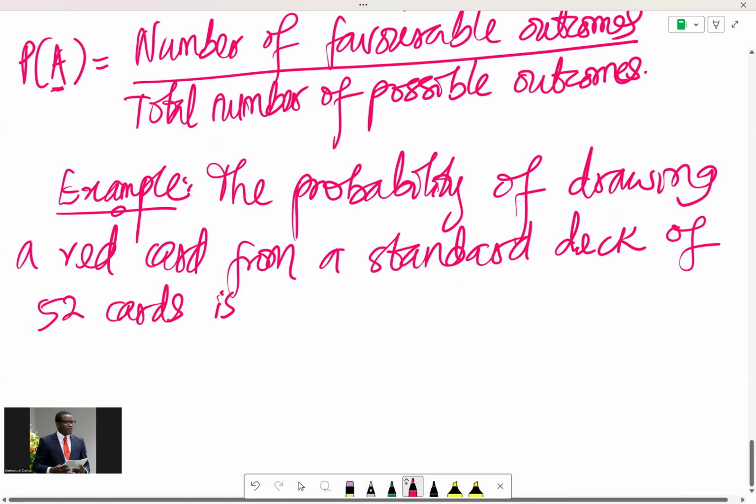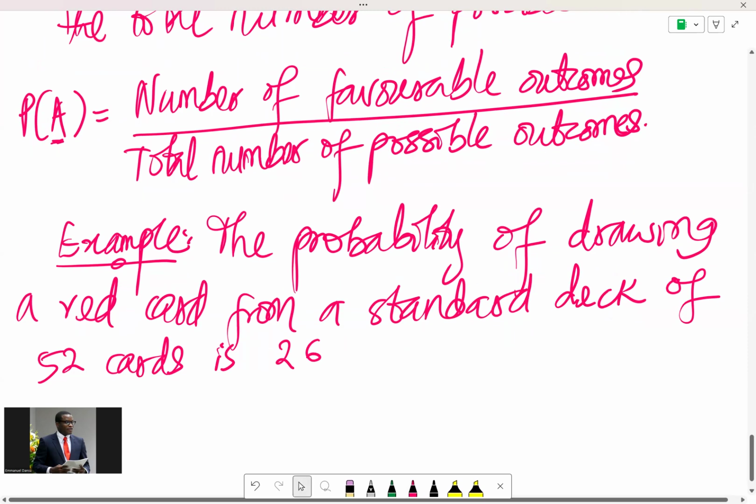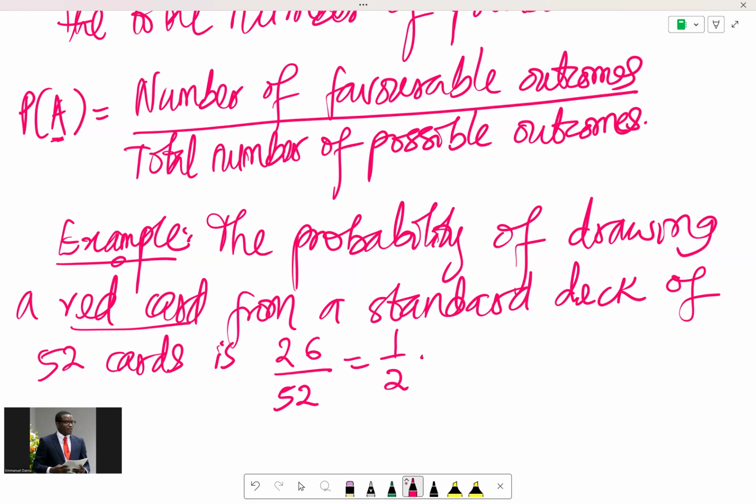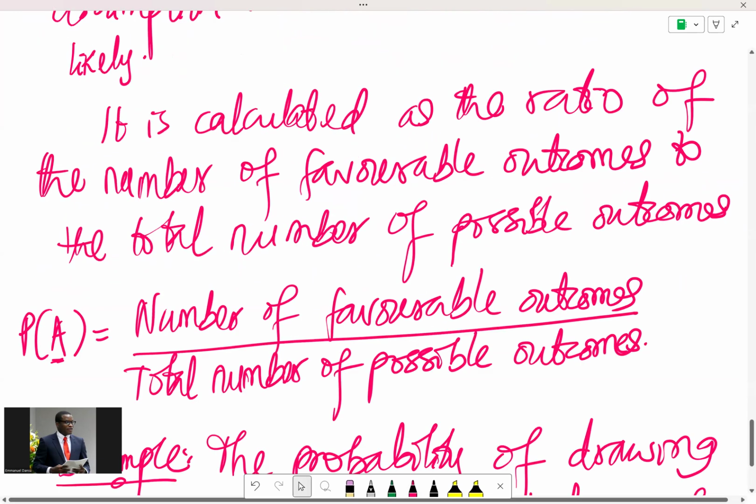Red cards are half of the whole thing, so there are 26 red cards. That's the number of favorable outcomes, because our focus is on red cards. So there are 26 red cards out of a total of 52 cards. That is equal to 1 divided by 2. So the probability that when you draw a card it is going to be red is 50-50, as they say. It's 1 out of 2 possibilities. So that's the idea of theoretical probability.